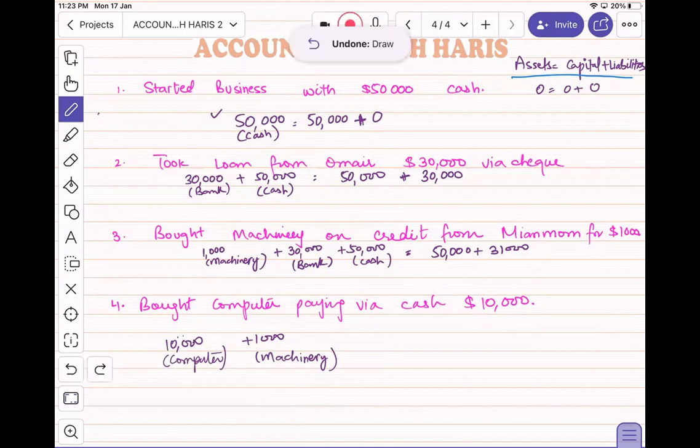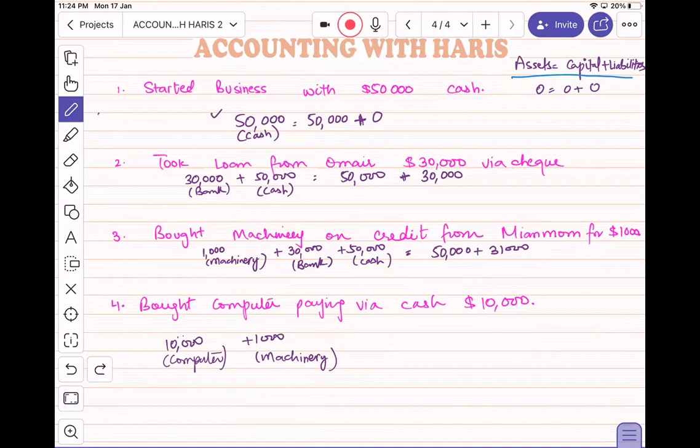This cash which the business already owns is also an asset for the business. So one particular asset, which is cash, would reduce when it buys a computer. The business already had some cash lying. Now they paid this cash amount, so the cash decreased. Cash is also an asset for the business.